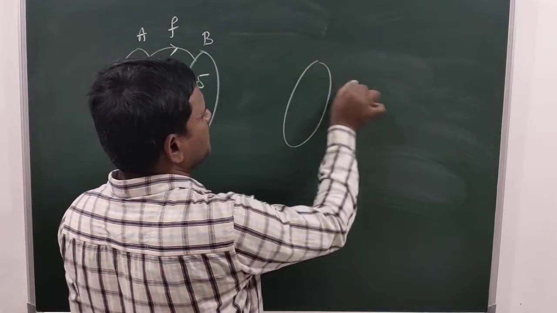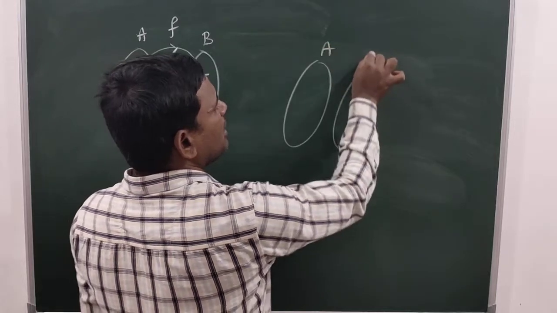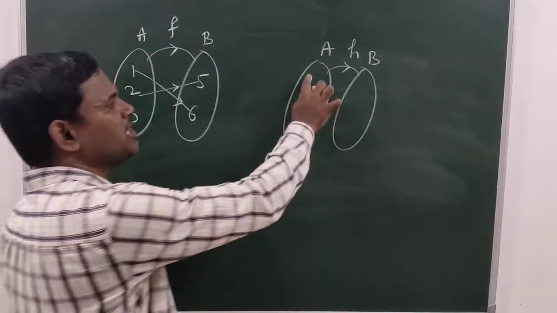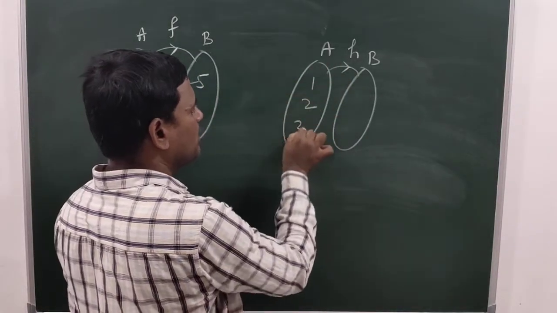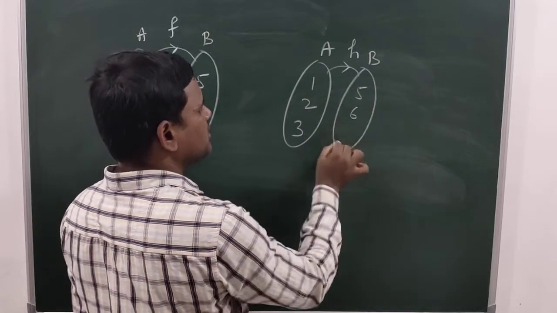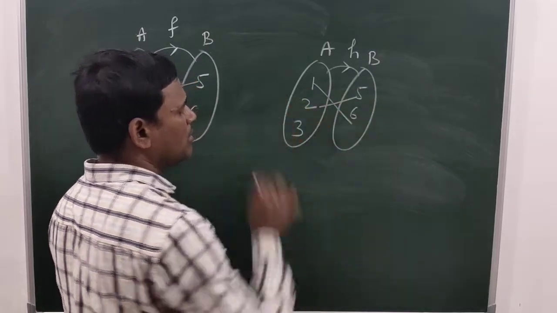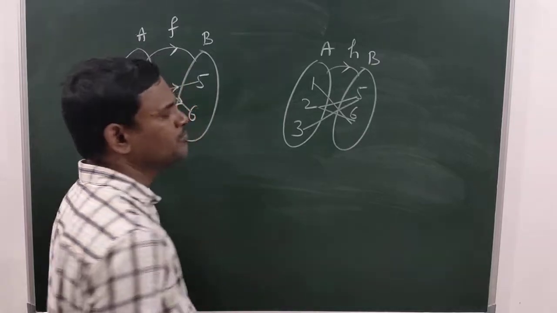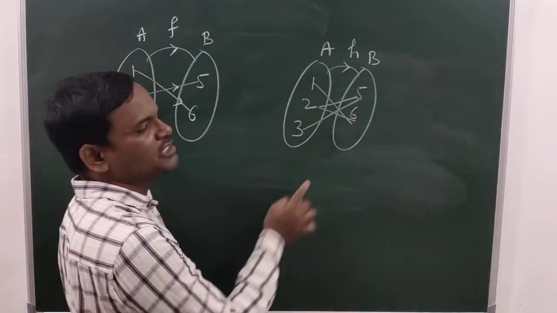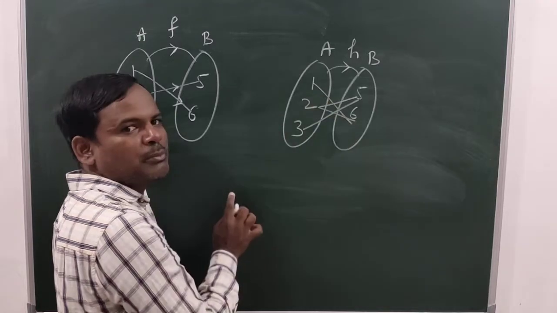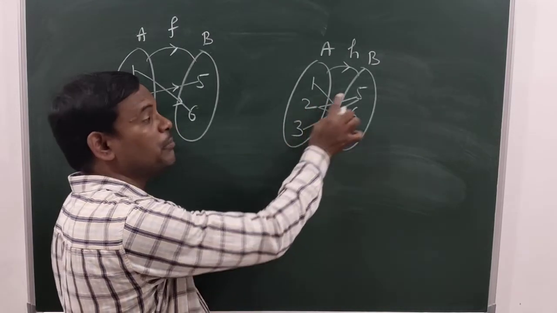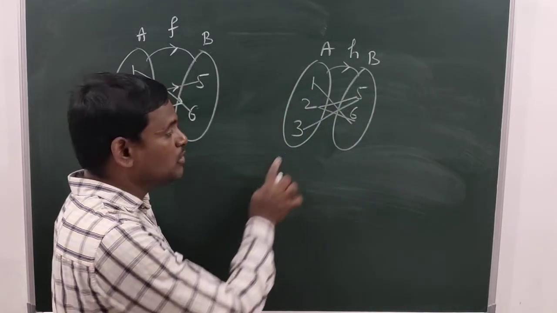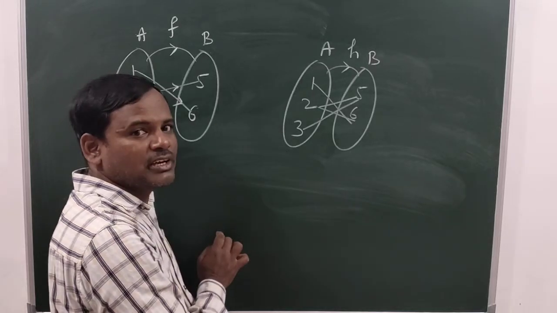Now observe this relation, A, B. Let us name this function h. Say 1, 2, 3, and here you can take 5, 6. Now tell me, does this represent a function? See, 1 is mapped to 6, 2 is mapped to 5 as well as 6, and 3 is mapped to 5. So tell me students, does this represent a function?